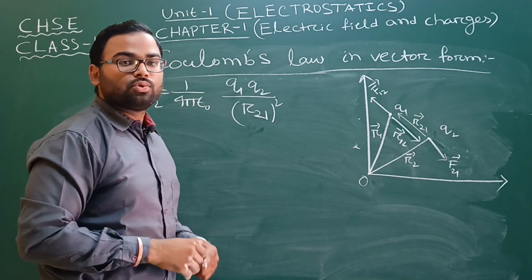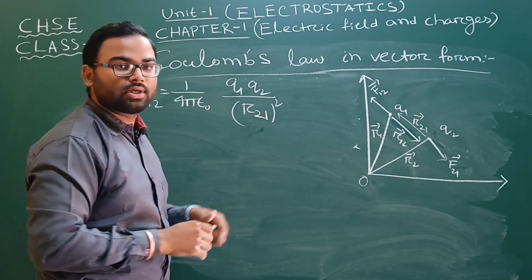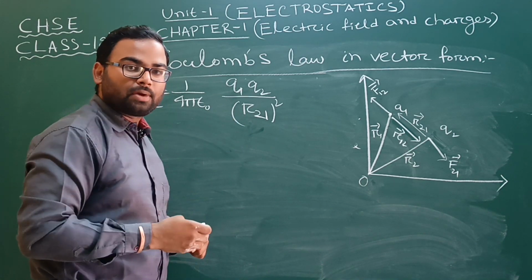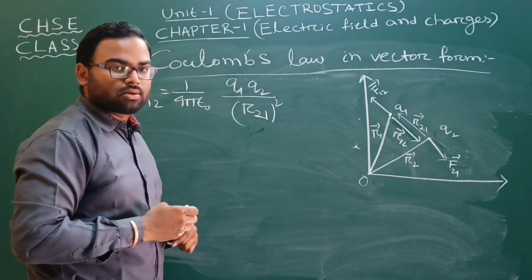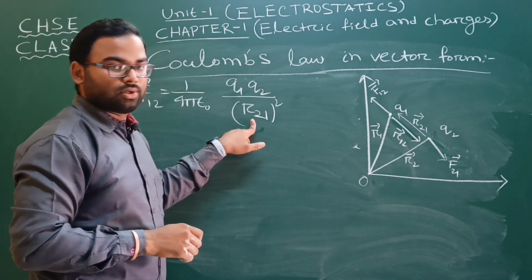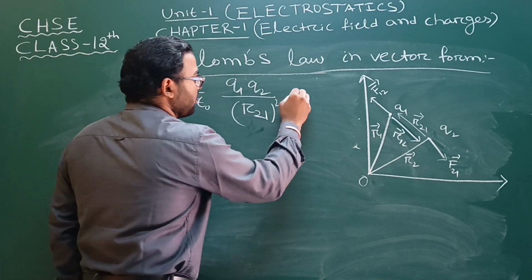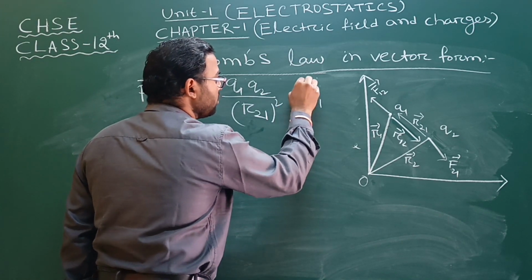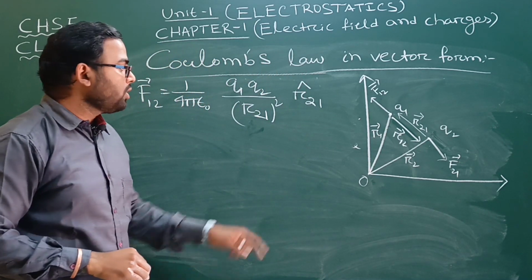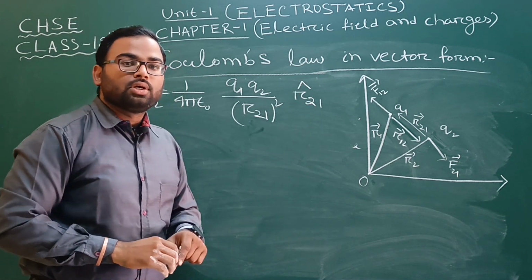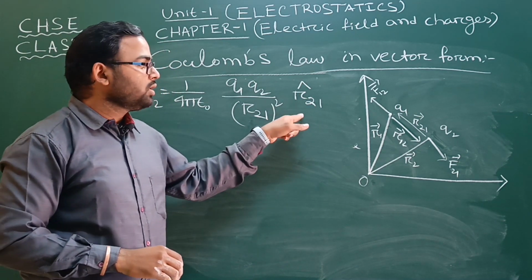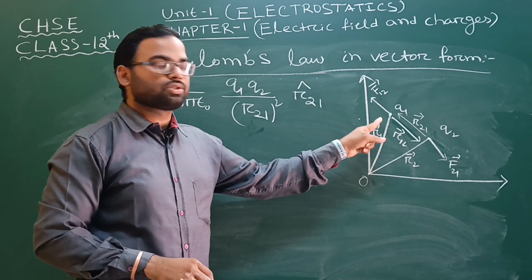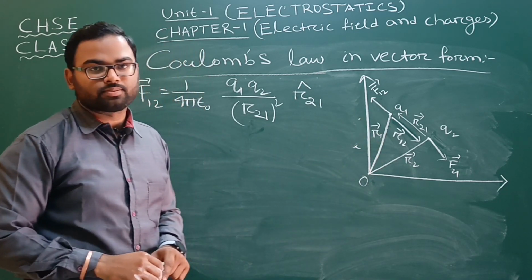So what we have to do to show that it is a vector quantity? We have to multiply a unit vector. Which unit vector? This one, r21 cap. So r21 cap is the unit vector which shows the direction of the force.